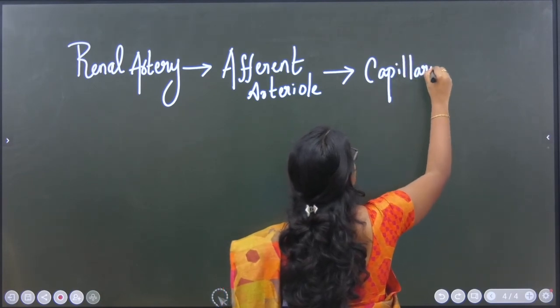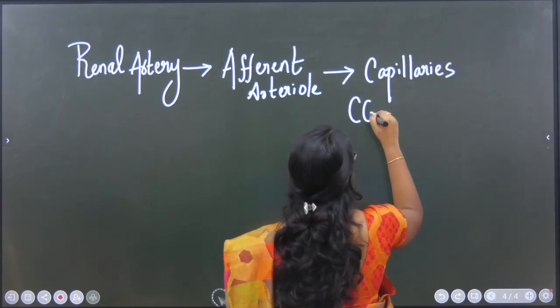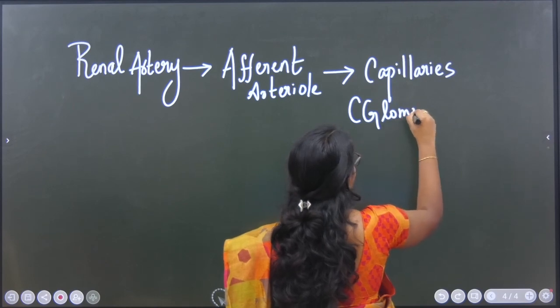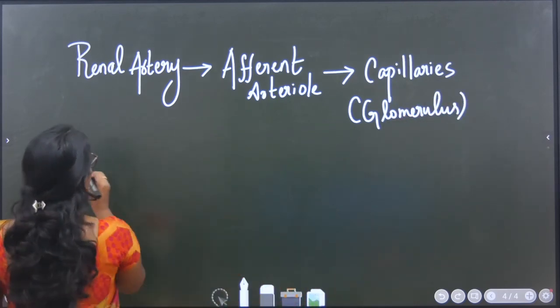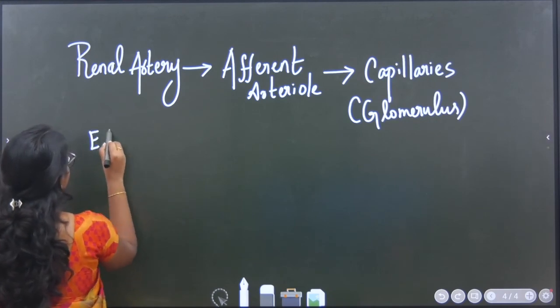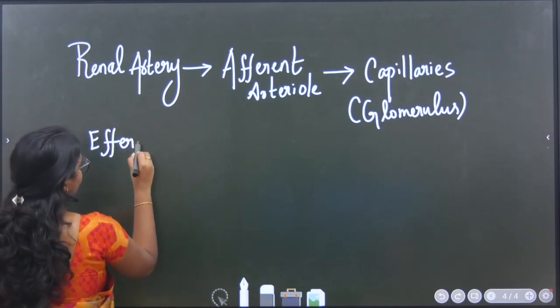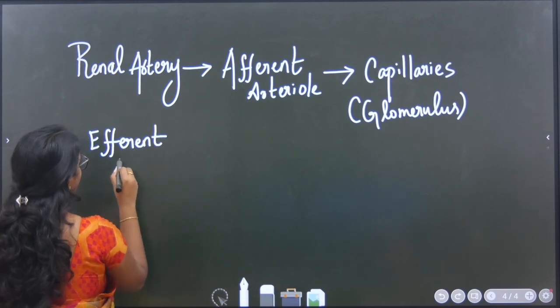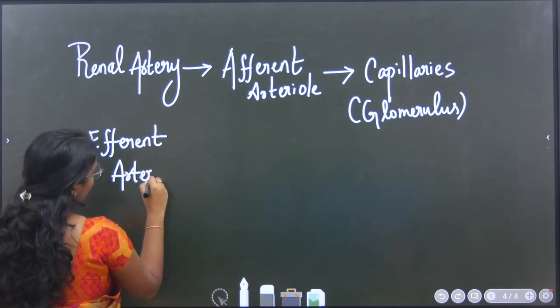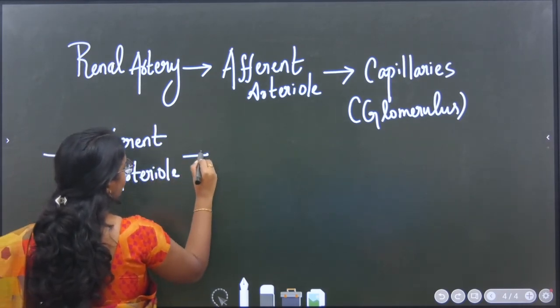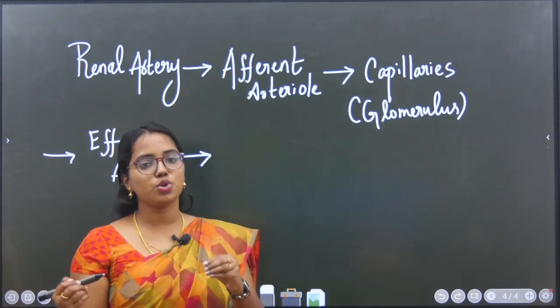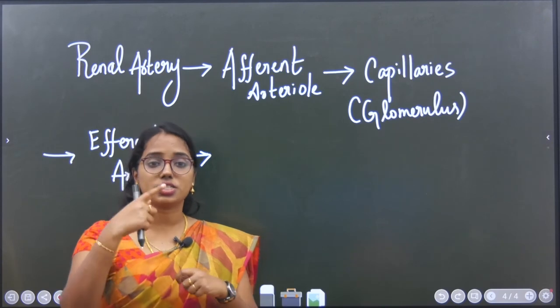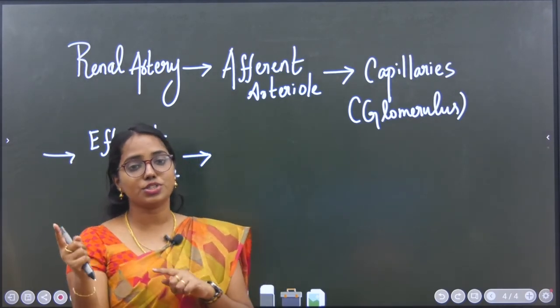The capillaries are named as glomerulus, and from the capillaries we will get efferent arteriole. From efferent arteriole, what will be formed? Peritubular capillaries. Peritubular capillaries are the blood vessels which surround the PCT and DCT of the nephron.